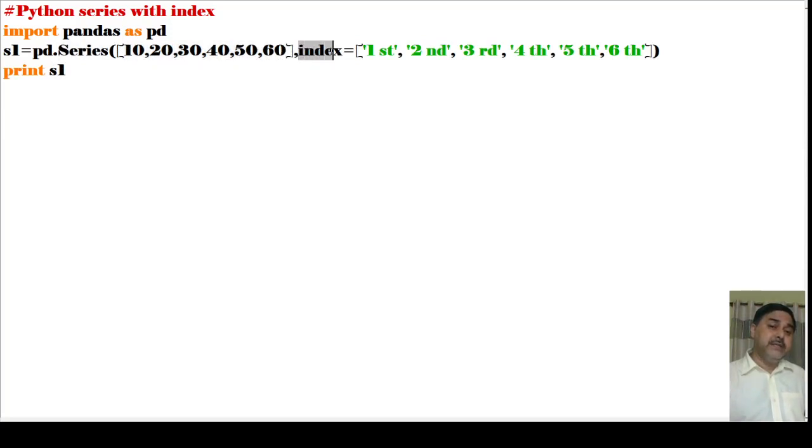Then index equals, again square brackets, and under that I have given some values. After that I closed the bracket. Then I need to print it: print S1.